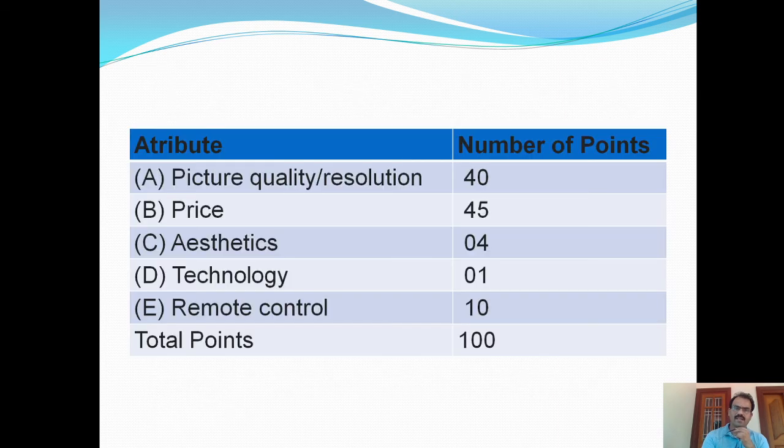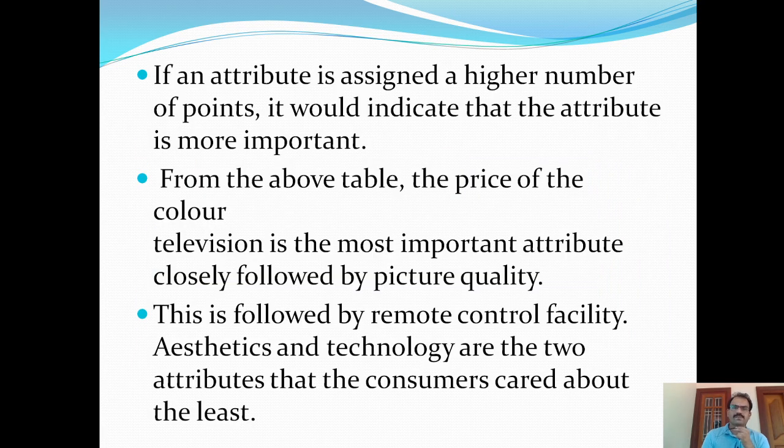When we look at the table, we can see that 45 points were given to price and 40 points to picture quality. So the most important attribute here is the price of the color television, and the second most important is picture quality, followed by remote control facility. Aesthetics and technology are the two attributes that the consumer cared about the least.